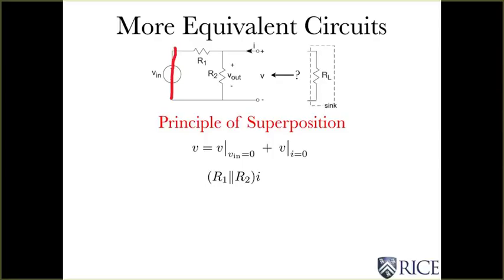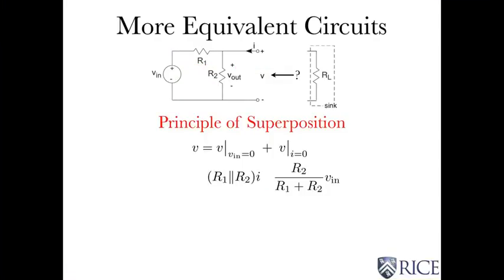So now, what do we see looking into the circuit? We see R1 in parallel with R2, and so we know that at least that component of the output voltage is given by a simple resistive-like term. And now if you go on to setting I to 0, I'm going to turn the source back on.